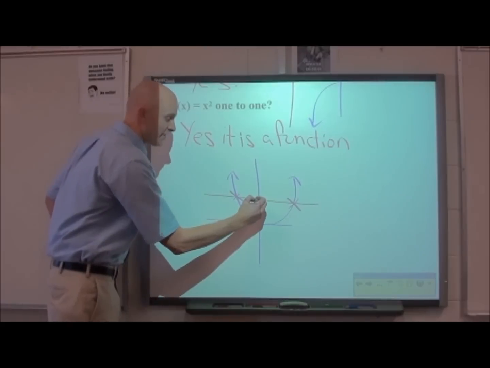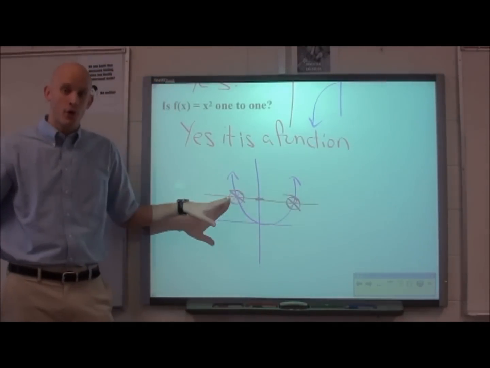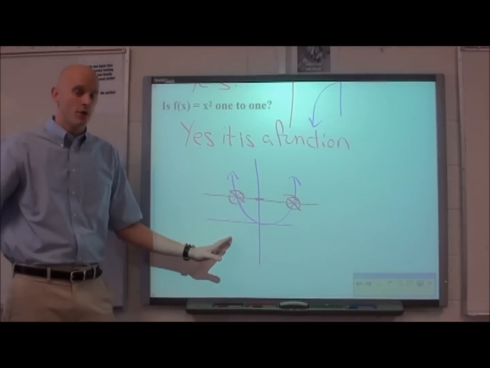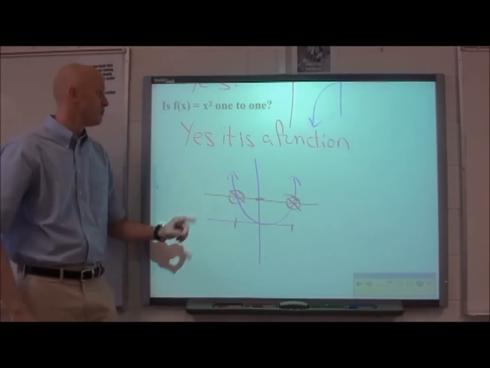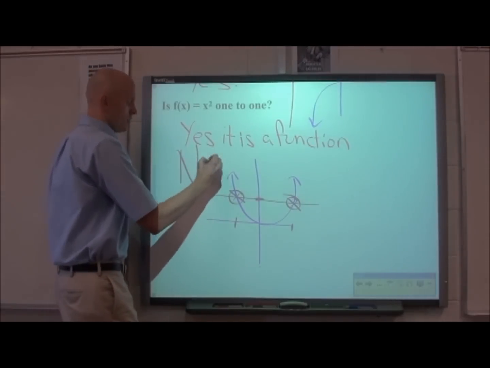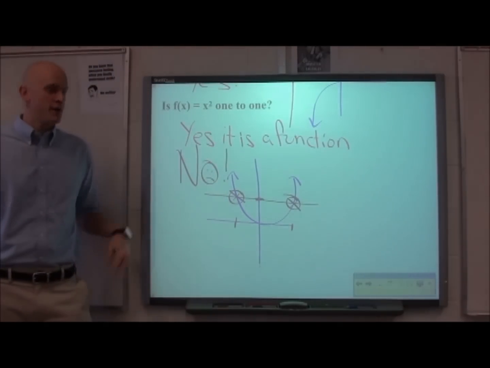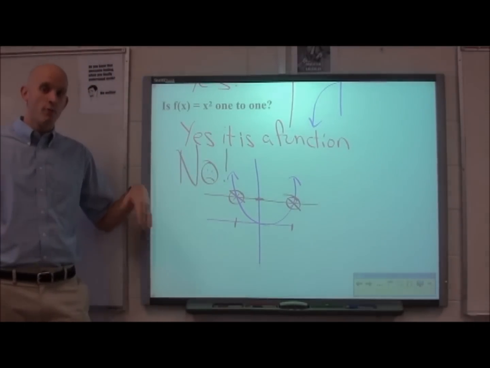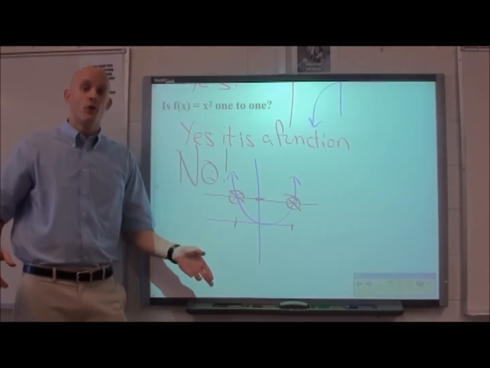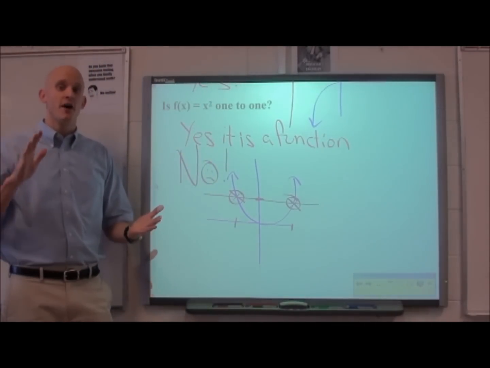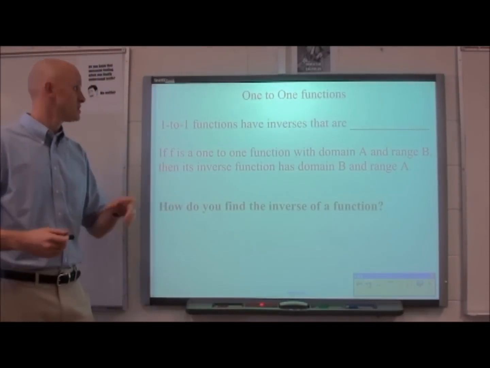Or this y value has more than one output on the x value. Or there's more than one x value that give you this y value. So no, it is not one-to-one. It is not a one-to-one function. That will become important when you learn in just a couple of minutes the formula for finding the derivative of inverses.